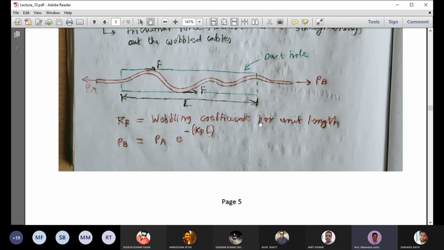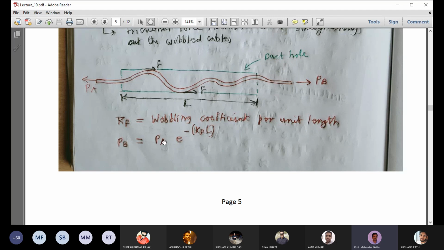The loss of pre-stress due to this wobbling is given by this expression: Pb is equal to Pa times e power minus Kf l. So Kf l will take care of this loss of pre-stress. Just like we have mu alpha, here we have minus Kf l. So Kf is the wobbling coefficient per unit length, and if we multiply with length, you will get the actual loss.